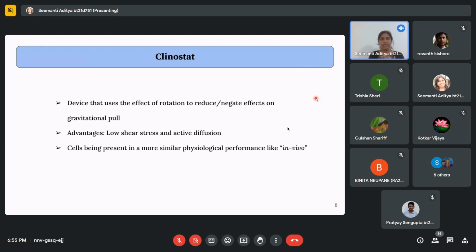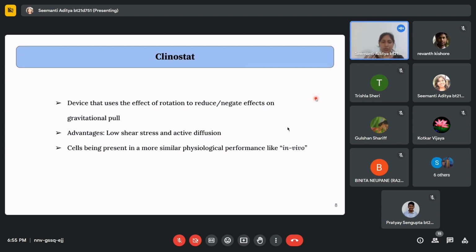These are highly physiologically relevant for those who want to study this, so they use it. The advantages are definitely low shear stress and active diffusion.